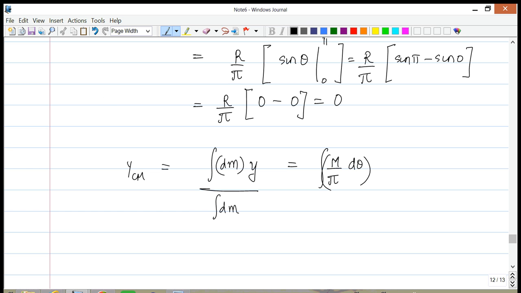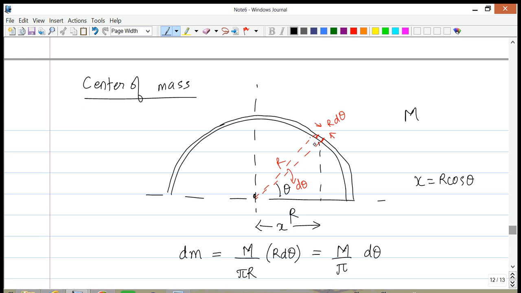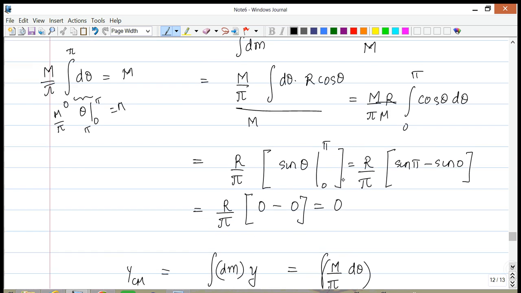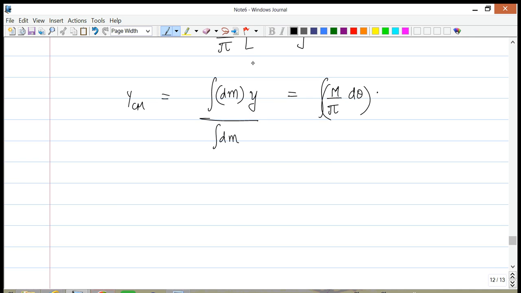If you look at the picture, y, which happens to be this length here, is nothing but r times sine of theta. So great, we have all our pieces now. Let's substitute it in: times r sine theta, and the integral of dm is nothing but m, as we showed earlier.